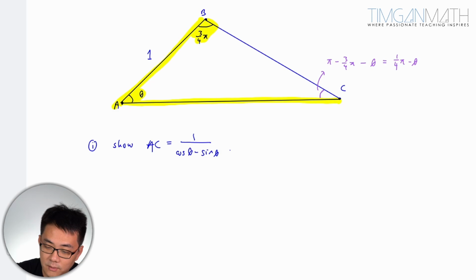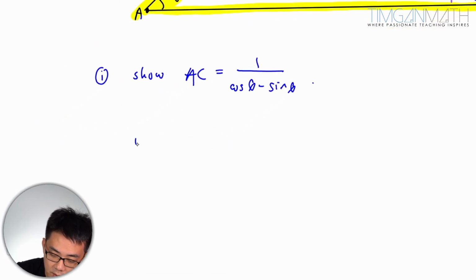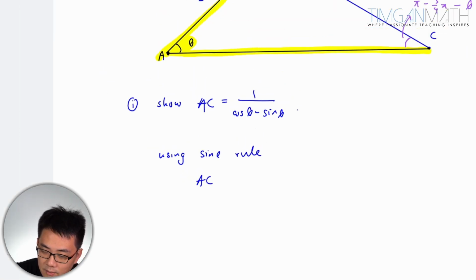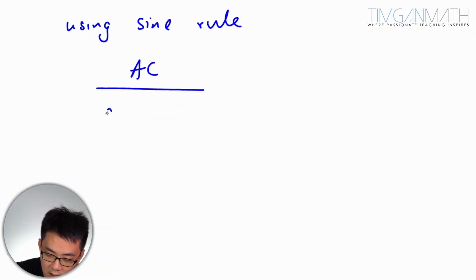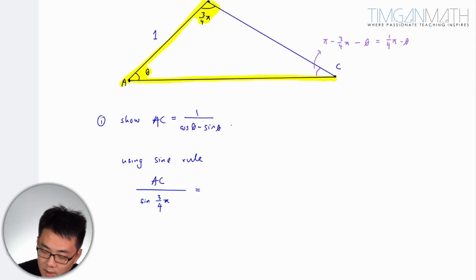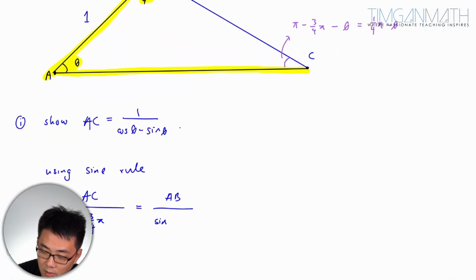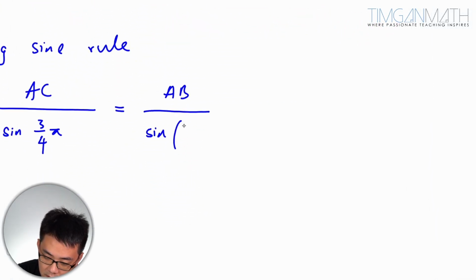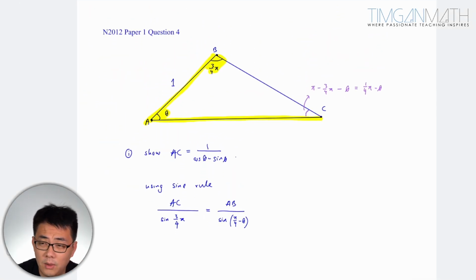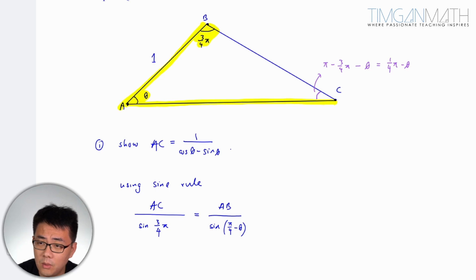That's pretty okay. So using sine rule, you need AC, so AC divided by sine 3/4 pi equals AB, which is 1, over sine of the angle that we found just now, 1/4 pi minus theta. Now once that is done, let's simplify this.